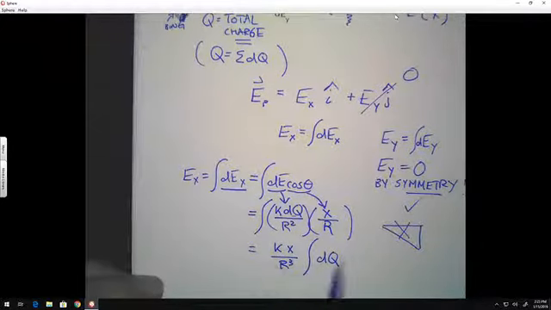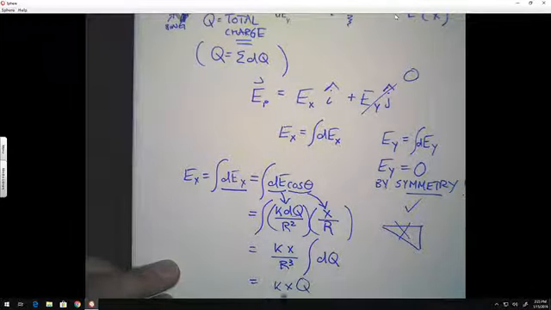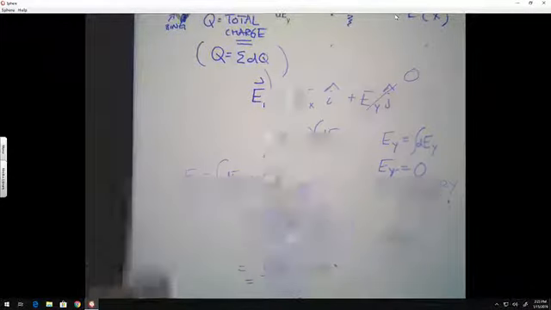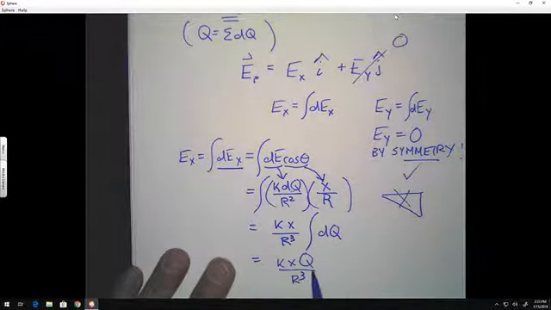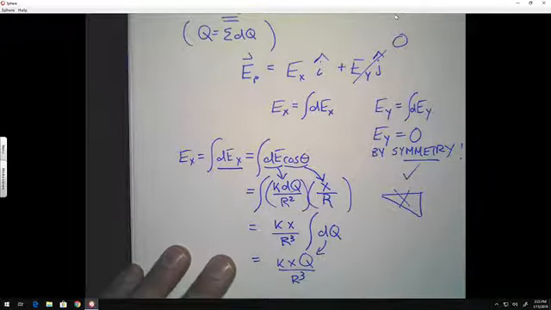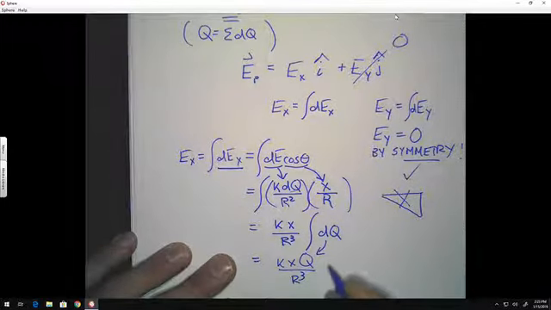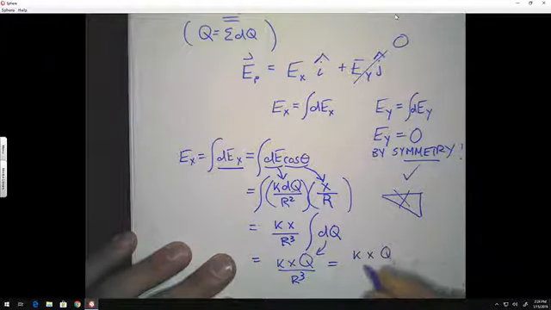When I complete this, the integral of dq is just going to be q total. So this is going to give me k times x times q, right? And q is the total charge on the ring. So that integral gives us that. And if we put this back into terms of the original parameters in the problem, we would write k times x times q.